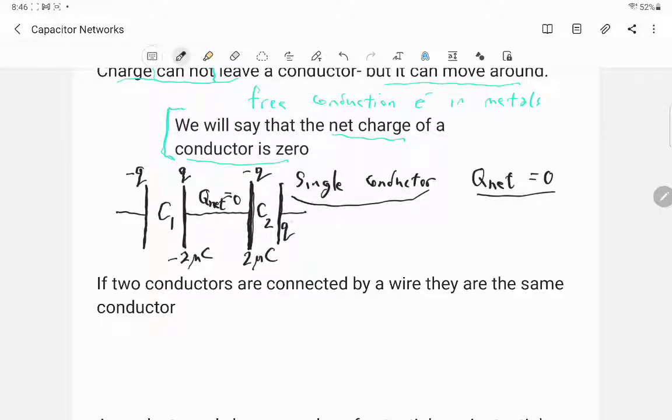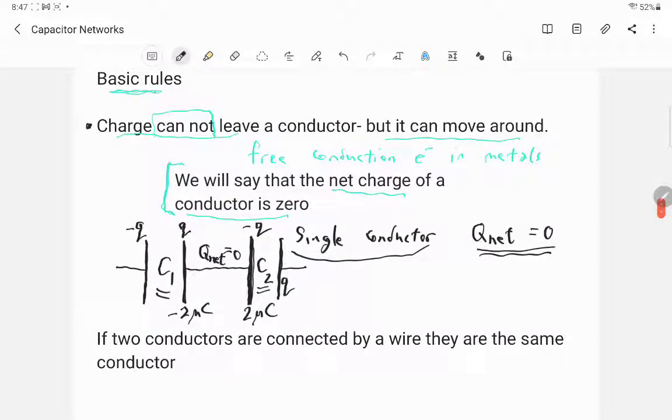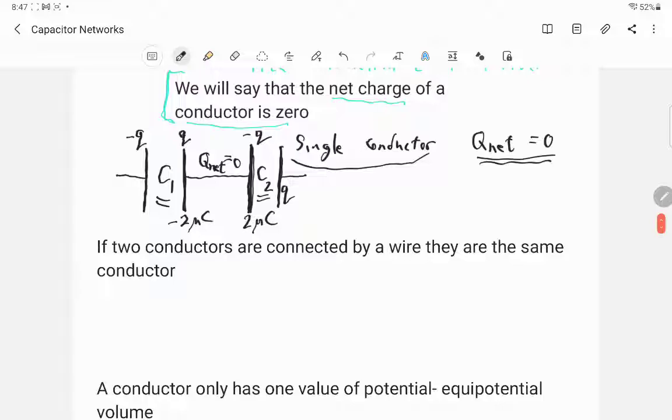So what this means is even if the capacitances are not the same in series, the charge separations in series definitely are the same. And it's got to do with thinking about the net charge. So that's one of the basic rules. You'll see me use it in the next lecture to prove something or to get a particular equation.